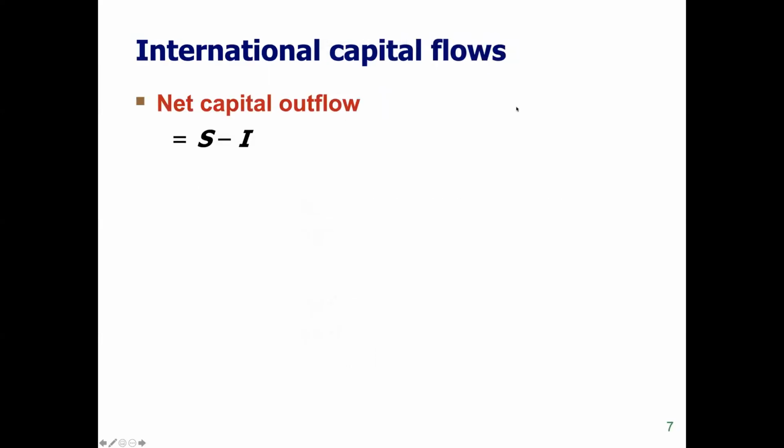Now let's talk about this concept of net capital outflow. Net capital outflow is saving minus investment. If we save funds and we don't invest them, then they're going to have to go to be invested in other countries. This I, remember, is investment in things like factories and machines that are going to be used in the United States.